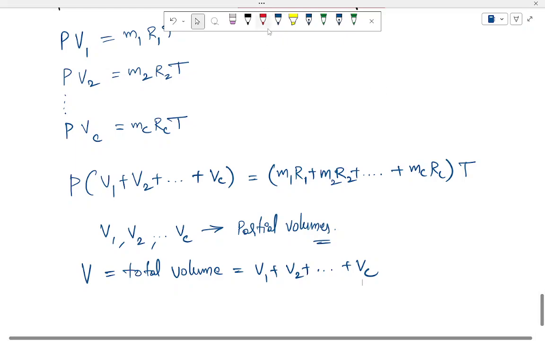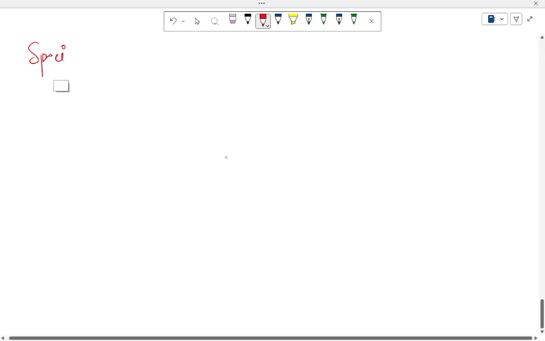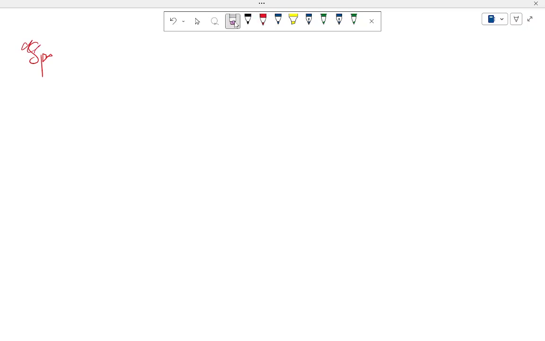And one more concept in relation to this is specific volume of a mixture.